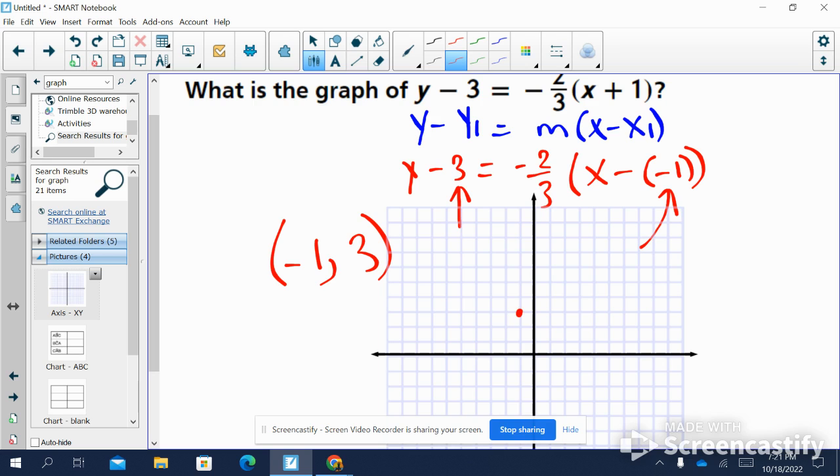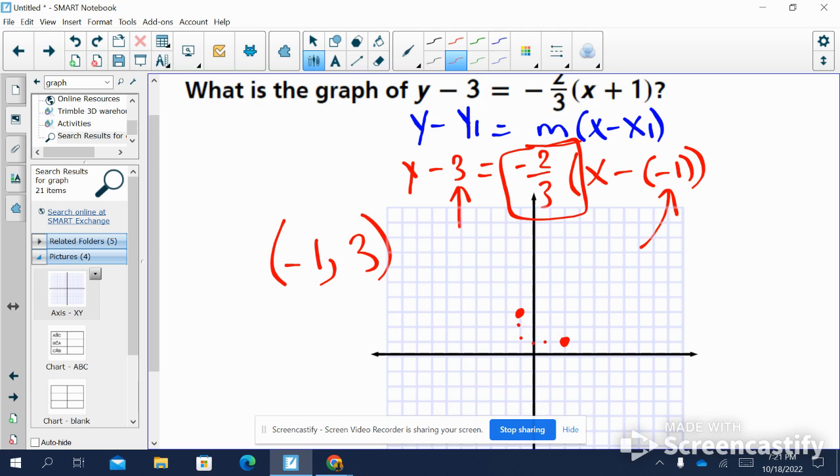Again, my slope, replace the m, so my slope is negative 2 over 3. So I'm going to go down 2 in the vertical direction and over 3 in the horizontal direction. So from the point that I just plotted, I'm going to go down 1, 2, and over 1, 2, 3, and plot a second point.